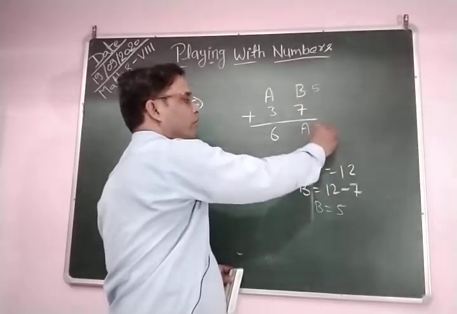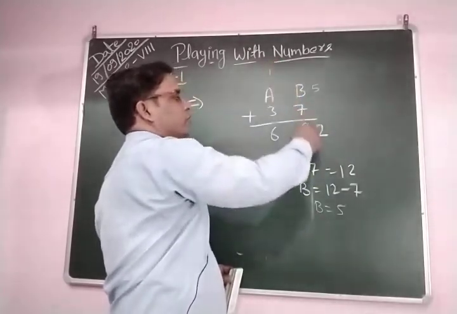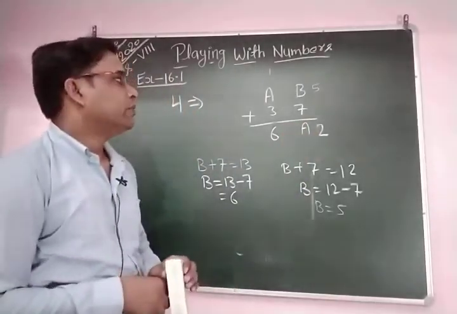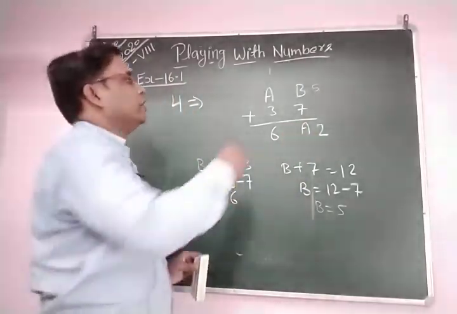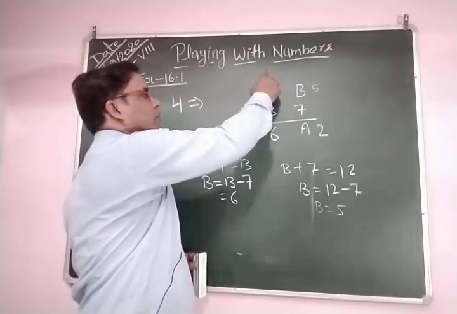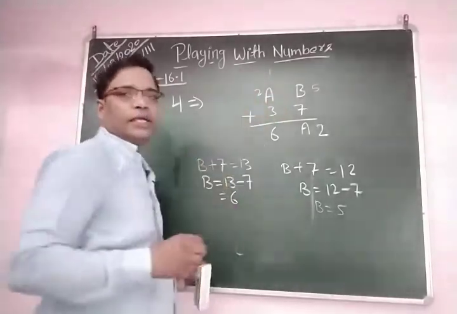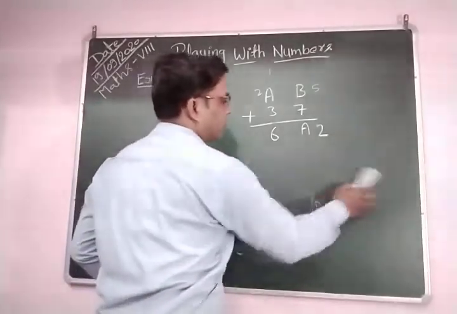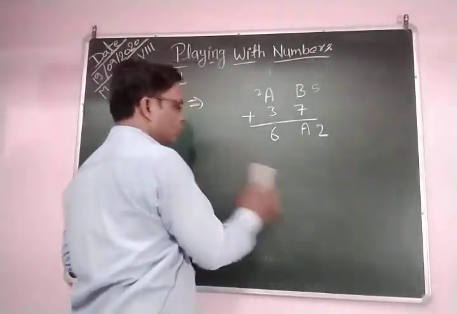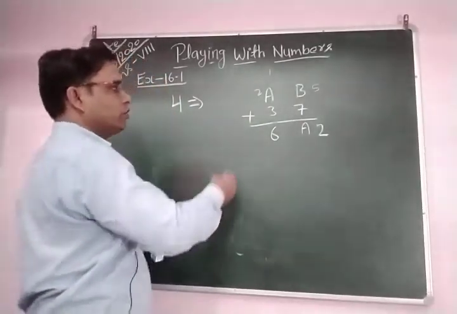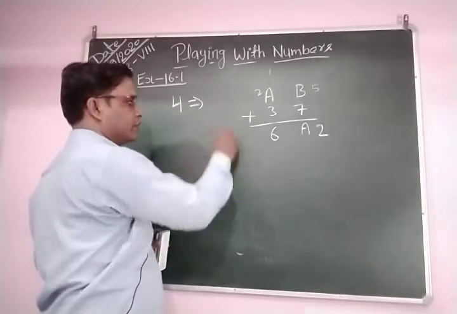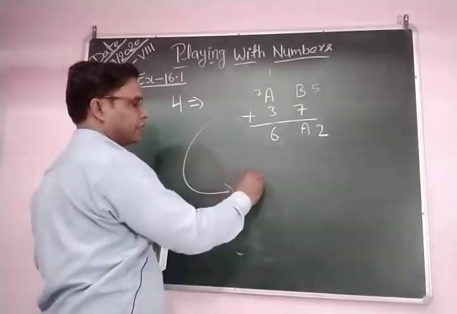You write 2 here and carry 1. Here the value of A is 2, so 2 plus 1 is 3, 3 plus 3 is 6. So you can see the value of A is equal to 2 and the value of B is equal to 5.